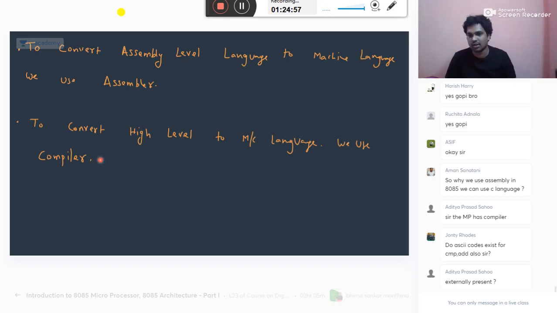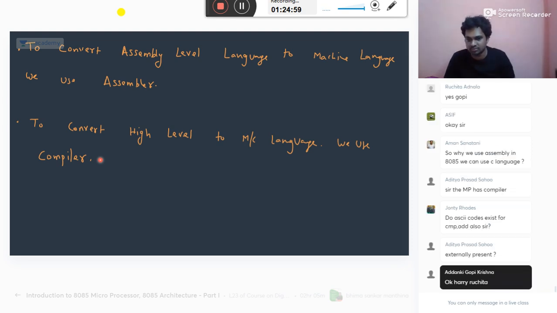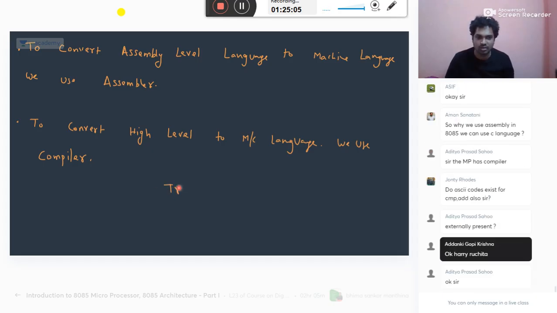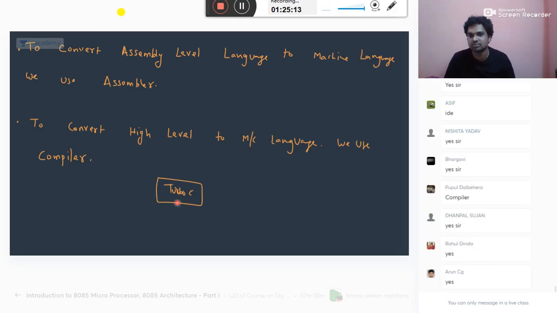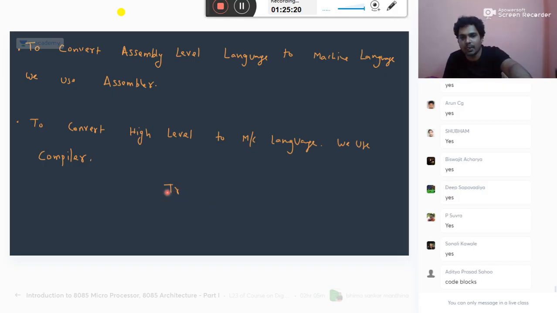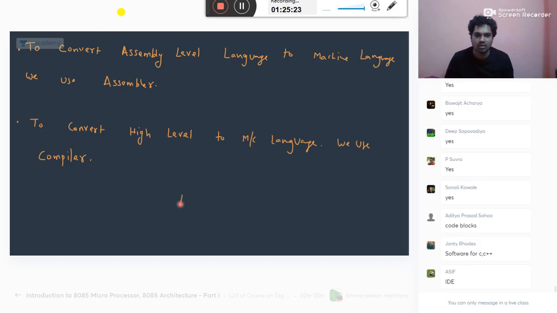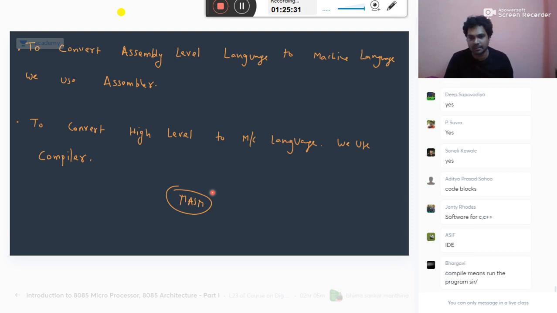A compiler can also be a program to do it. I hope you have installed Turbo C in your computer earlier. That is an example of a compiler. Similarly, MASM is an example of an assembler for 8086. A compiler only converts and gives it.